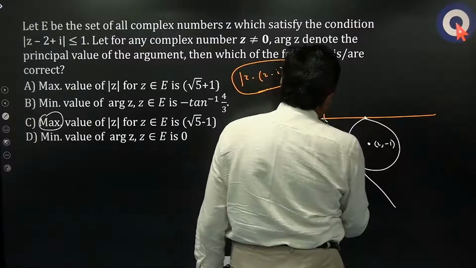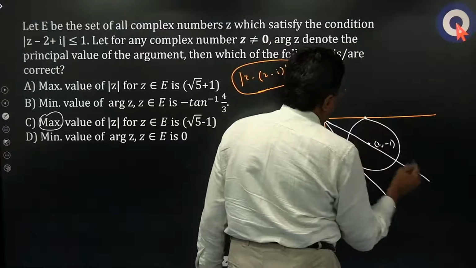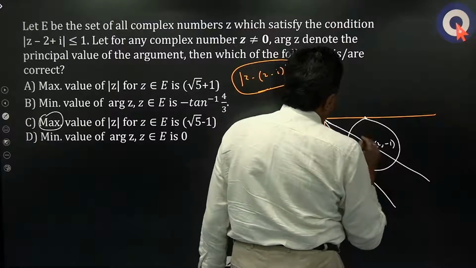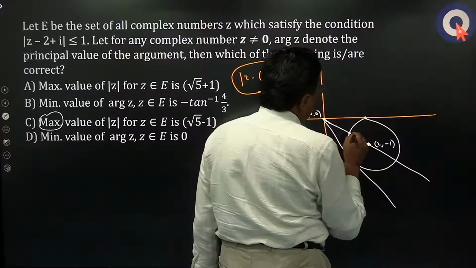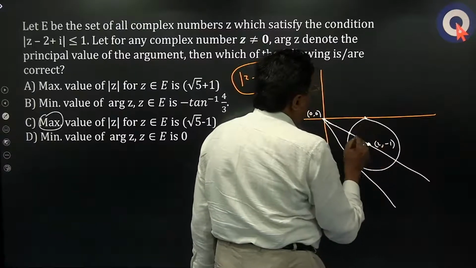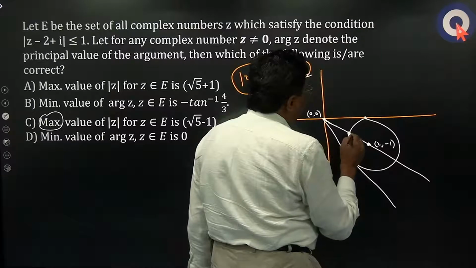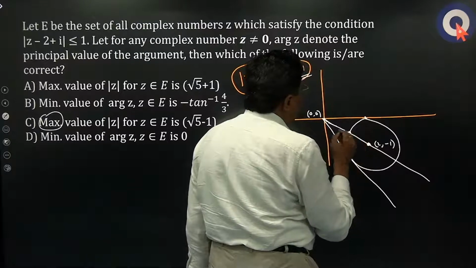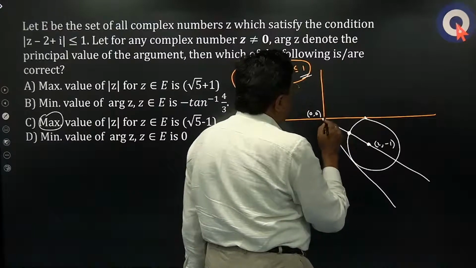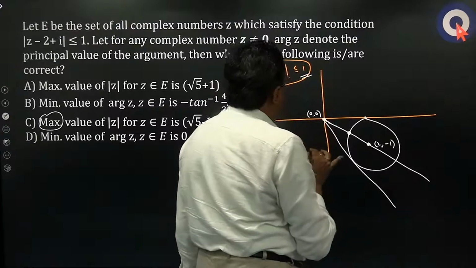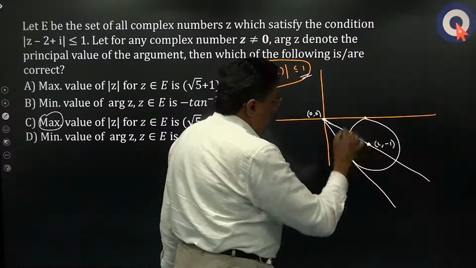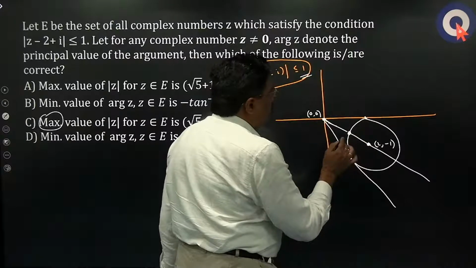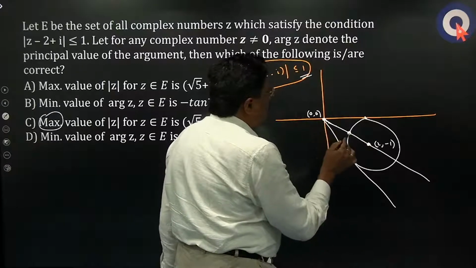Let me also draw this line. Now, z can be anywhere on the circle. Mod z will be minimum when z is here, right? Because mod z means the distance from 0, 0 to the moving point z. So when z is here, mod z will be minimum.